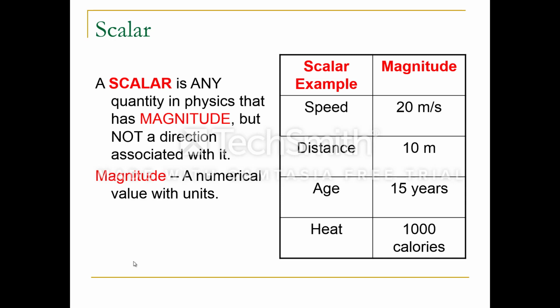It just tells you how many miles you've driven. It doesn't tell you if you're going north, south, east, or west. It doesn't subtract if you start going backwards. So that would be another example of a scalar quantity. When you drive your car, it says 65. It doesn't tell you which way that is, though. Age and heat are also other examples of scalar quantities.